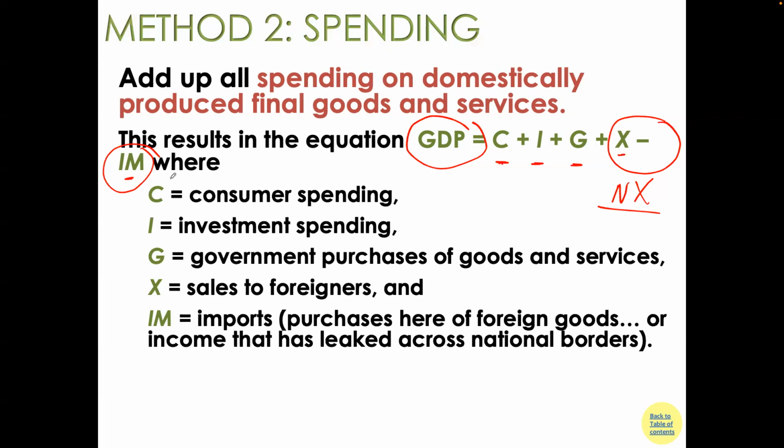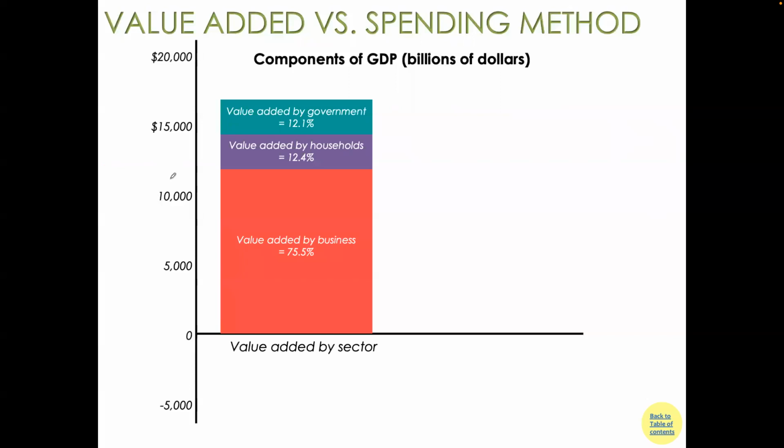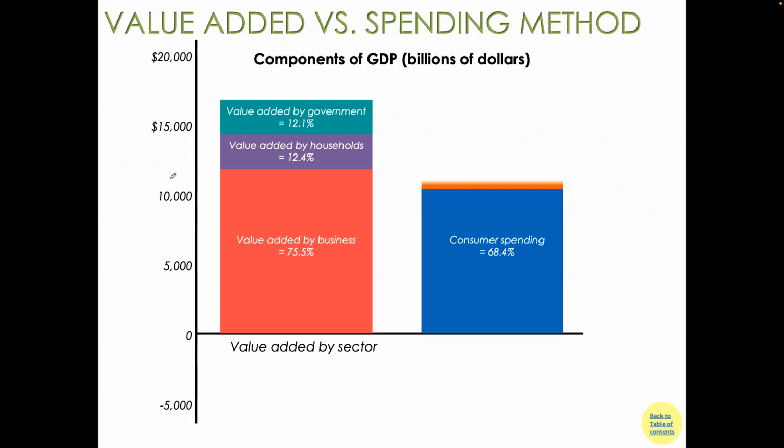And in the actual data, first, this is value added by different players in the economy. You can see it largely comes from business. Alternatively, we can look at spending.